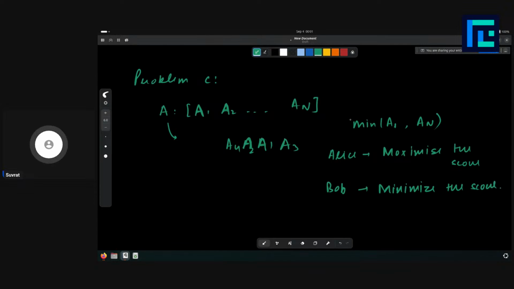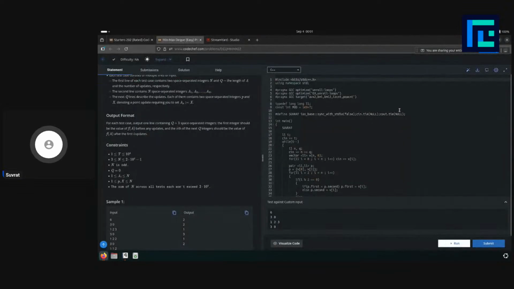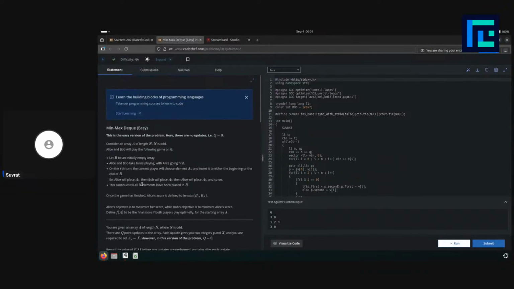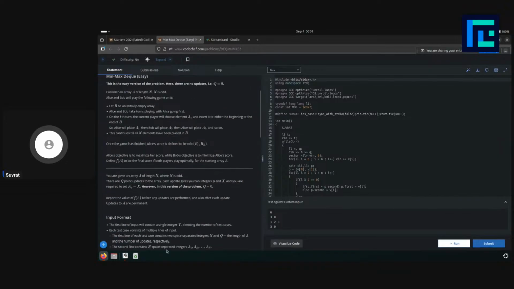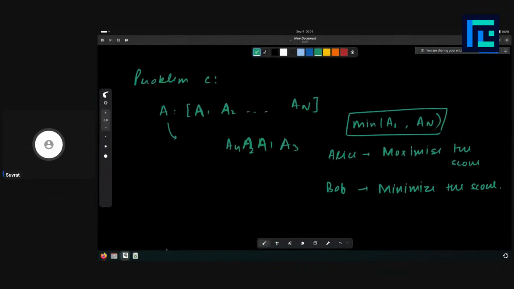So we need to tell what is the final score, minimum of A1 to AN. Basically, Alice's objective is to maximize, while Bob's objective is to minimize Alice's score, and define f of A to be the final score if both players play optimally for the starting array A. So we need to tell what is f of A.